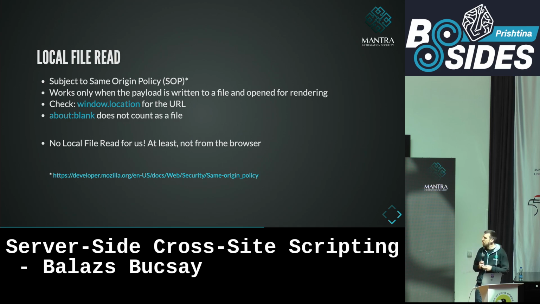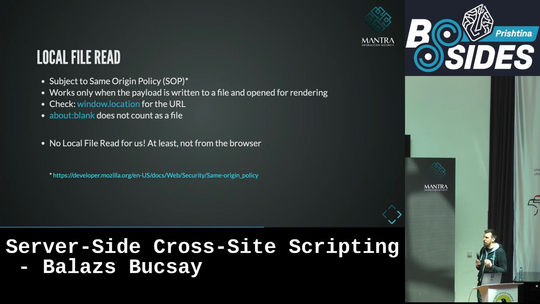There is another one, local file read, which might be really useful if you are using Linux. You might be able to read files like /etc/passwd or /etc/shadow, depending on the privileges that the browser has. Well, this only works if the same origin policy allows it. So what's the same origin policy? Basically, when you try to open a file or a website, it only allows you if the origin is the same as the target.